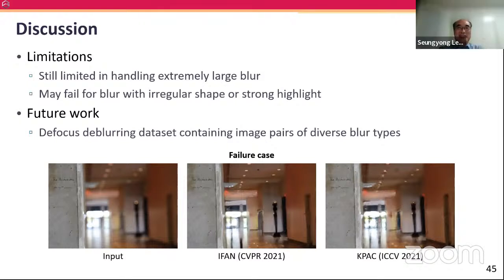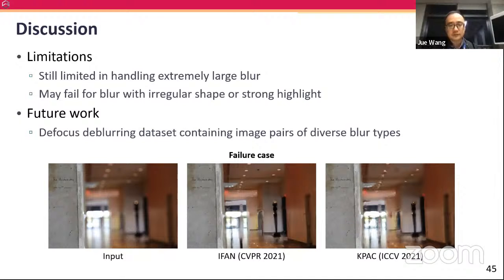Yeah, as you know, deep learning basically tries to learn the mapping from the input to the output, right? But the highlight is only a small part of the training data.